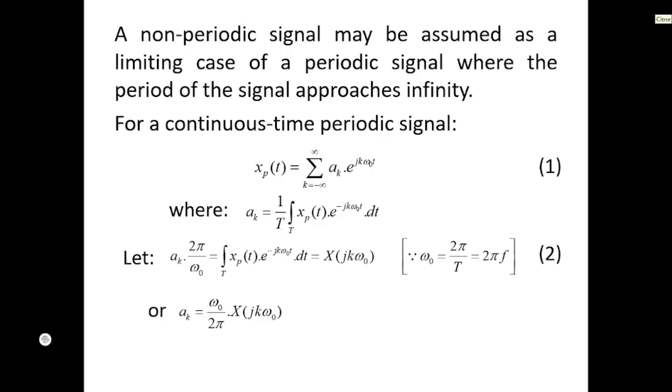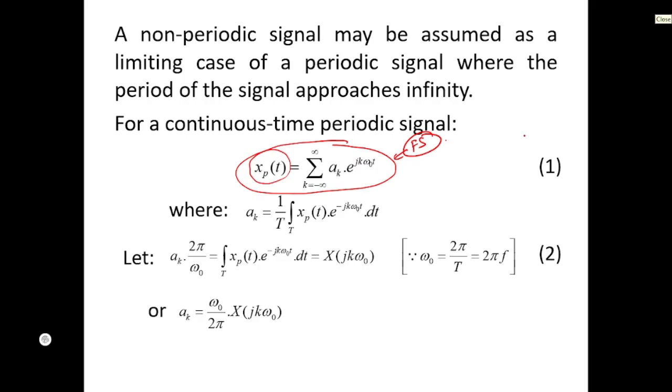Now over here, this is the equation that we started with, but in that case we assumed that xp was our periodic signal. So this is the equation for the Fourier series.